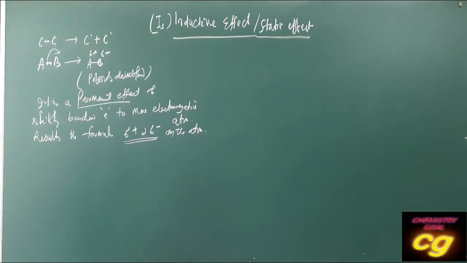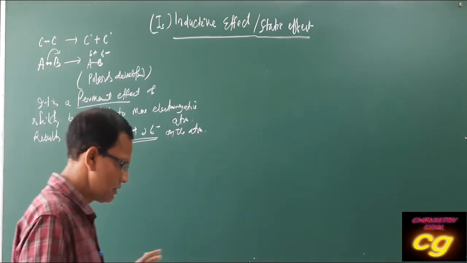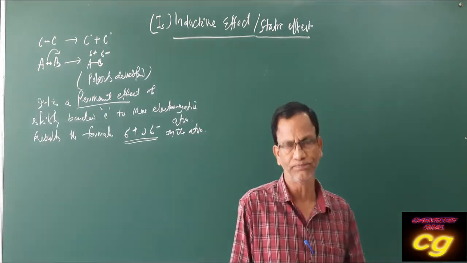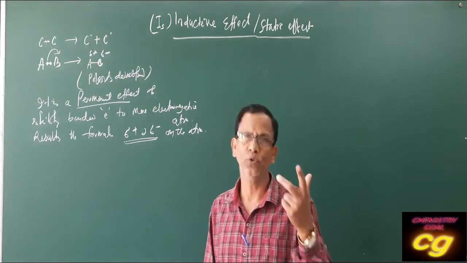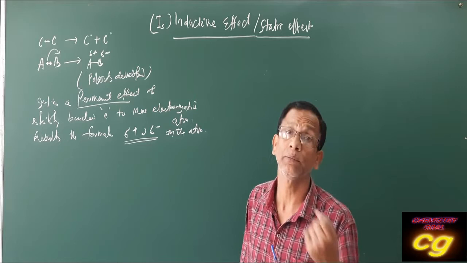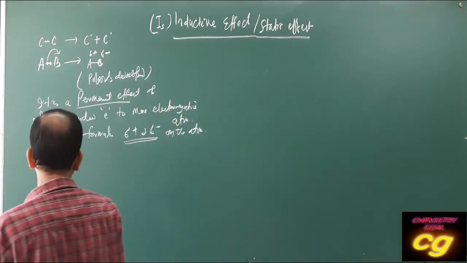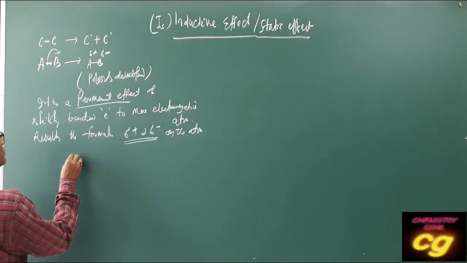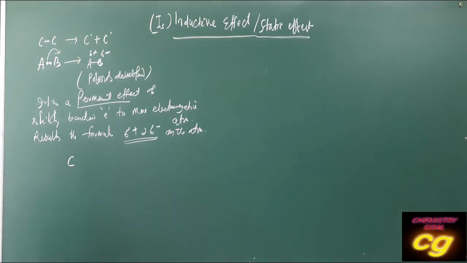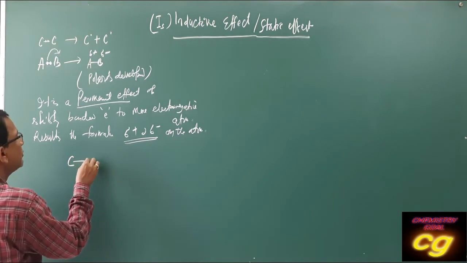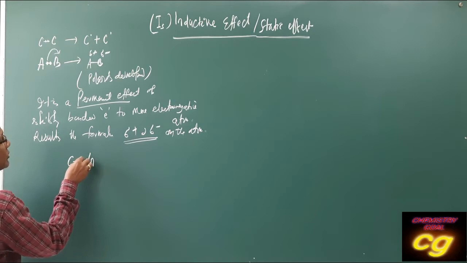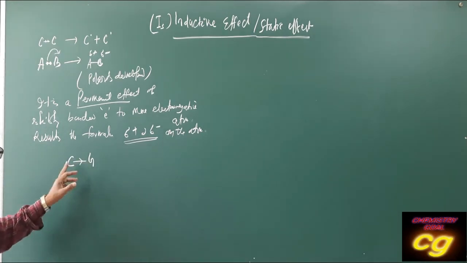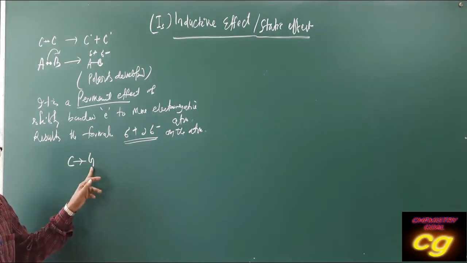And this shifting of electrons towards a particular atom depends upon the nature of the group or atom attached to the carbon atom. Suppose C is the carbon atom of an organic compound attached to one group which is attracting electrons, and the bonded electron is shifting towards the group.